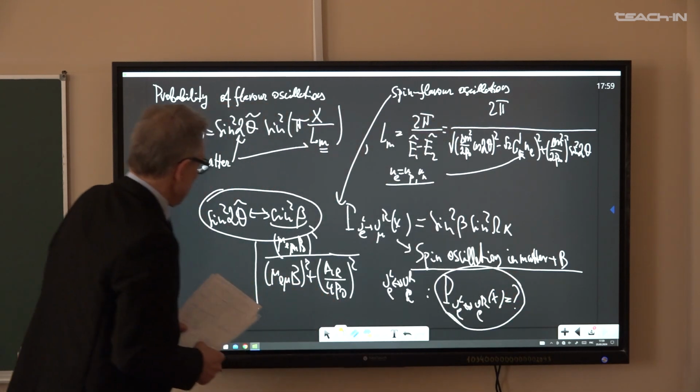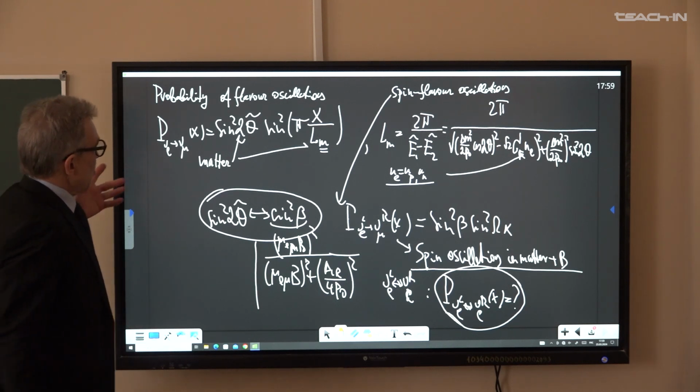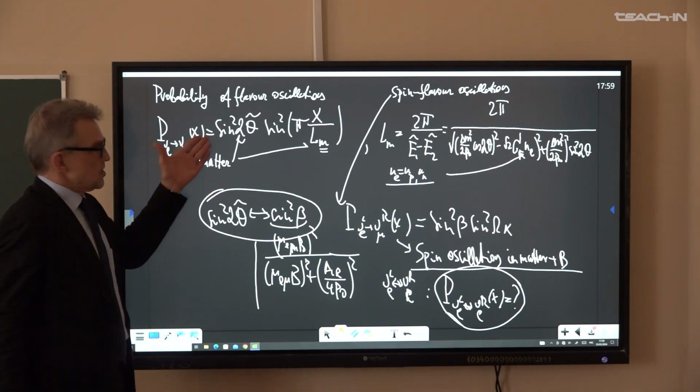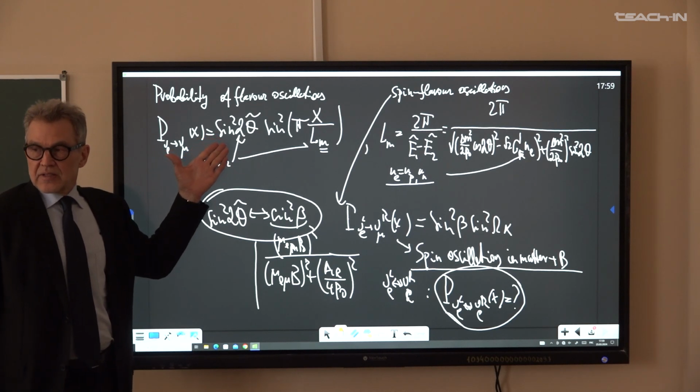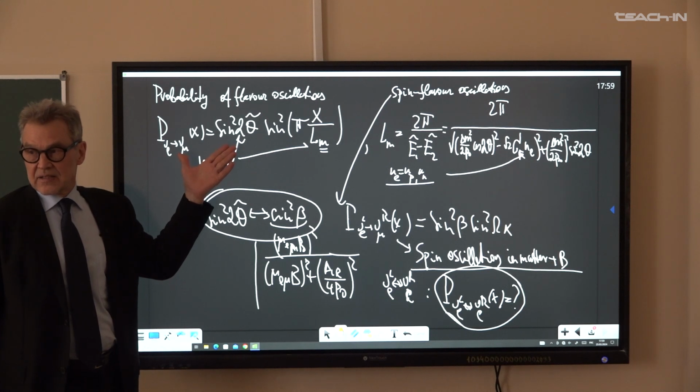Write it yourself. One more comment regarding this probability of spin flavor oscillations: when the amplitude of these oscillations gets its maximum value, in other words, when there is a resonance.